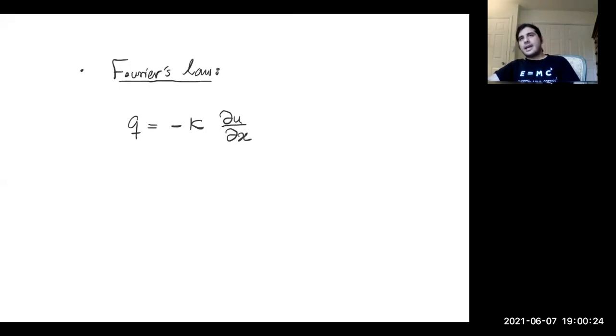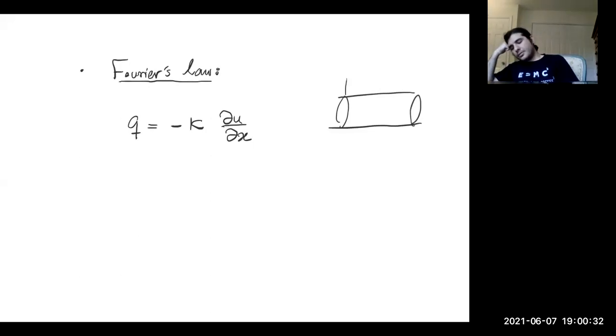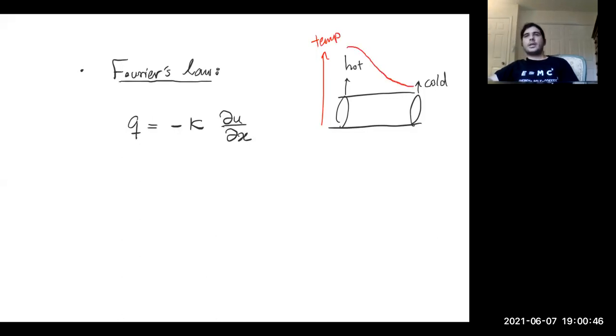What does it say? If I look at this pipe we had, and at some point it is hot and some point it is cold, if I show temperature with a graph here, if this is hot and this is cold, the graph would be like this, right?